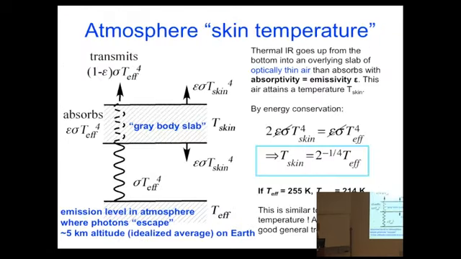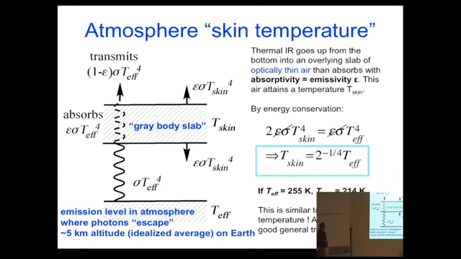And an atmospheric skin temperature is, so imagine your planet then has to radiate at an effective temperature, for the Earth that's 255 Kelvin. It doesn't do that from the surface because the surface temperature of the Earth is about 15 degrees Celsius on average. So instead it does it from some average level higher in the atmosphere where the infrared photons are escaping effectively.